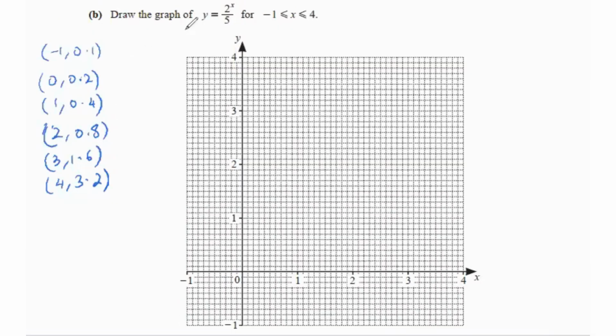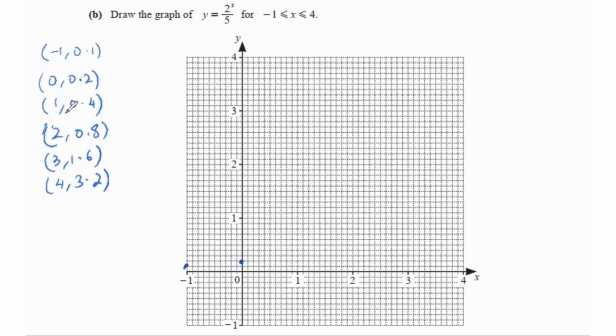Question 4 part B, we're going to draw the graph of y equals 2 to the power of x over 5. These are our coordinates, so let's start plotting these. At x = -1, y is 0.1. So that's going to be over here. Then at x equals 0, y is 0.2. That's going to be over here.